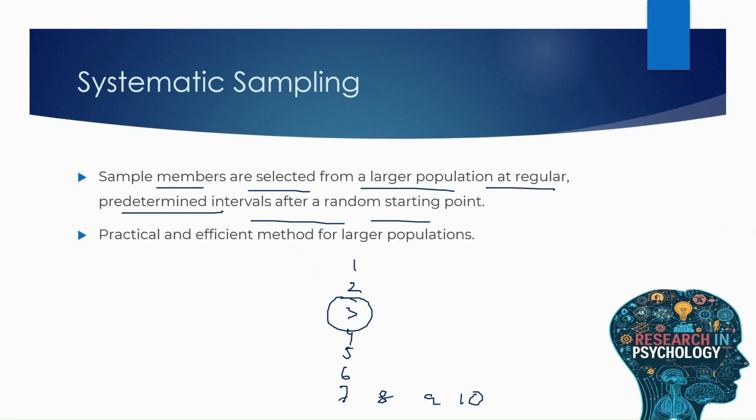Now from here I choose every second individual: 5, 7, 9, then maybe 11. So first I choose a random start point, and from there I choose items at every regular interval for my sample. This is a practical and efficient method for larger populations.